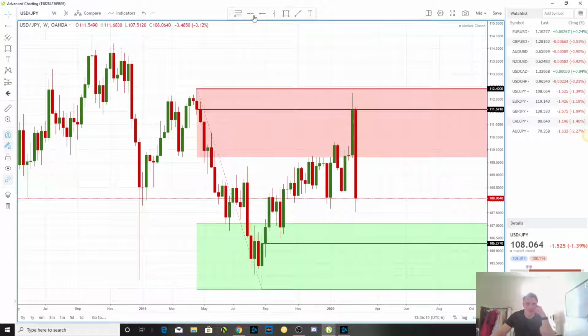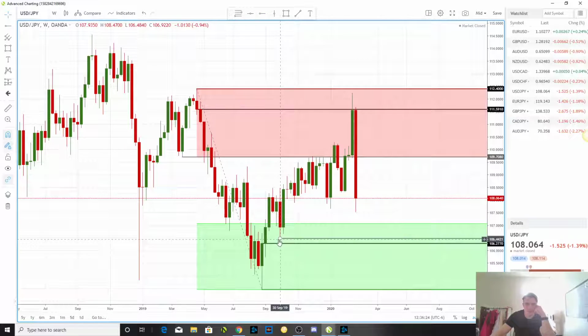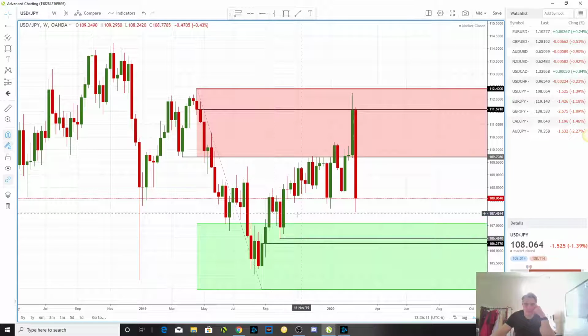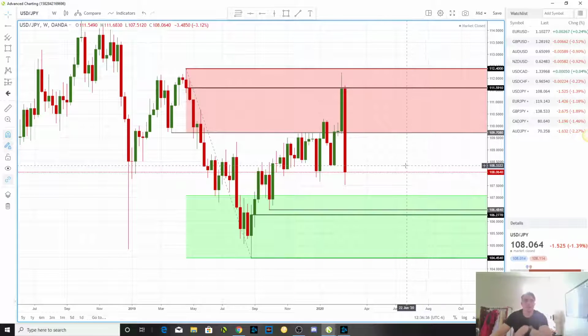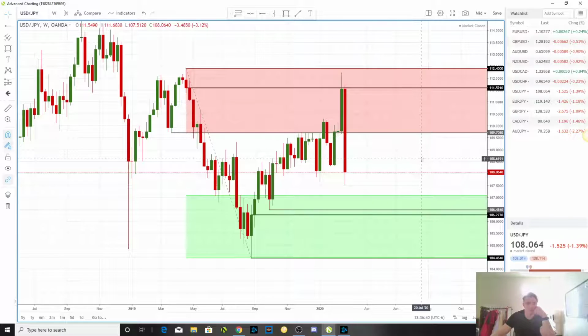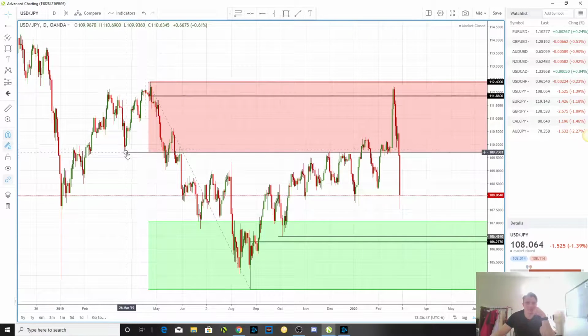Let's go over here to the dollar yen. You got that breakout level there. We'll call that the low because you have your uptrend on the weekly starting here. That's not really a demand area that I'd be interested in. But this isn't really a good example of that. So we'll go to the daily here.